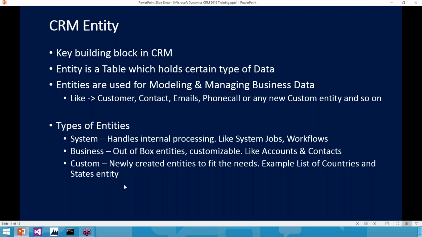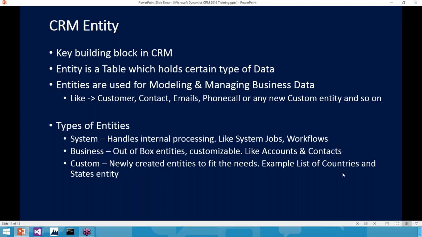In CRM, there is no loans entity, no loans table. So in that case, I would have to create a custom entity for loans. That's an example of why we need a custom entity.